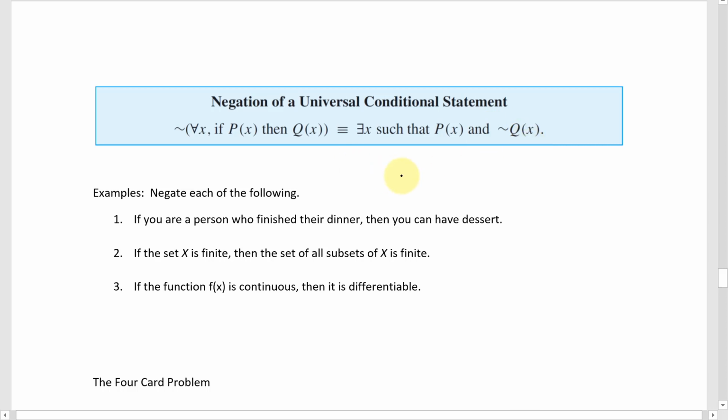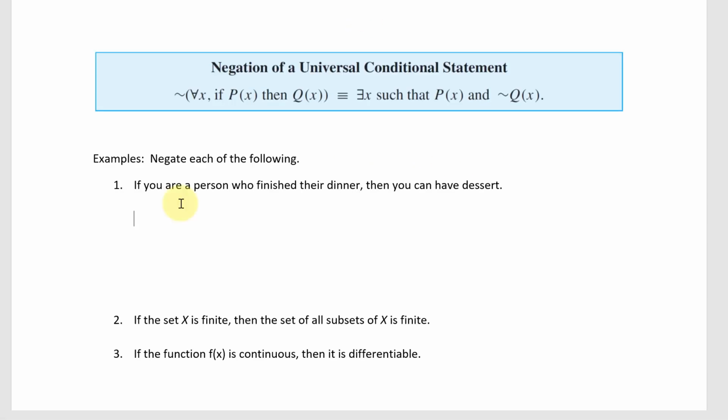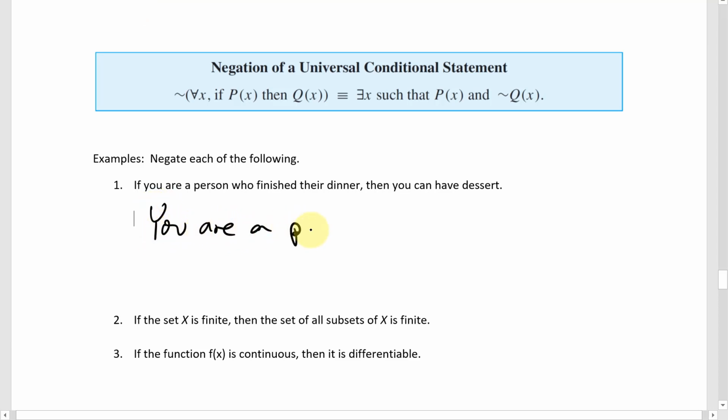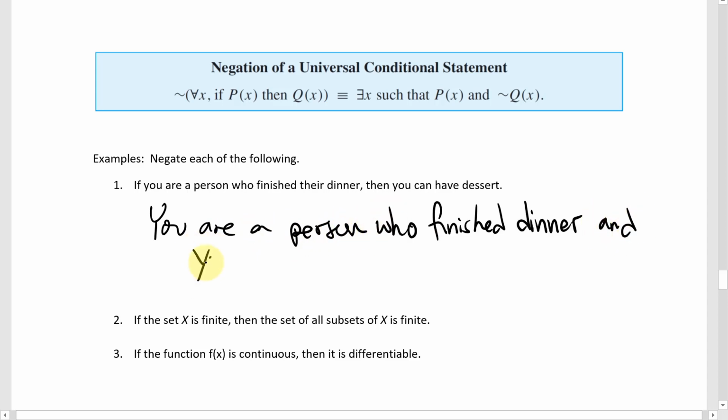Let's look at some examples. First, maybe in informal language, this would be: you are a person who finished dinner and you cannot have dessert.